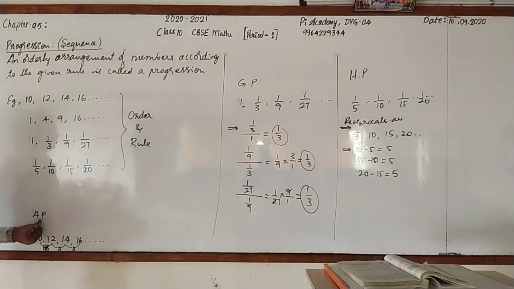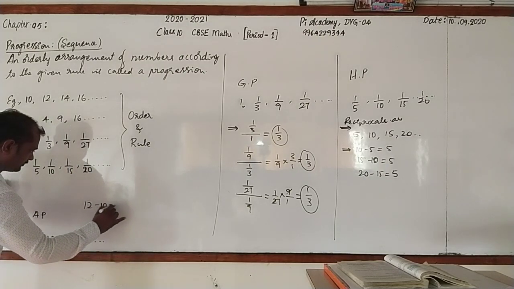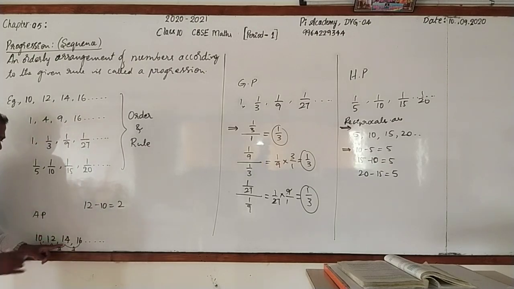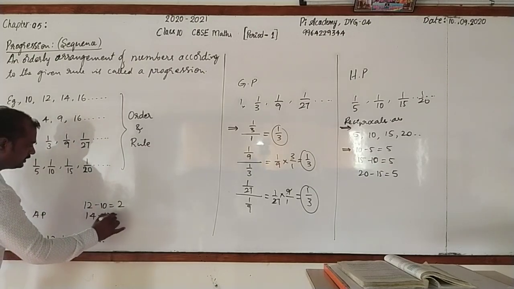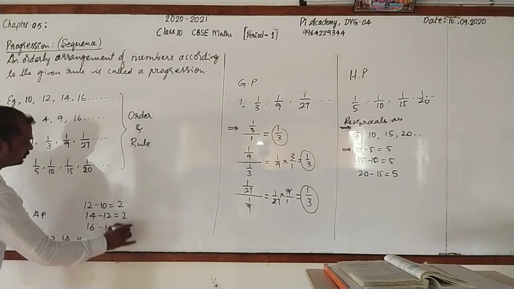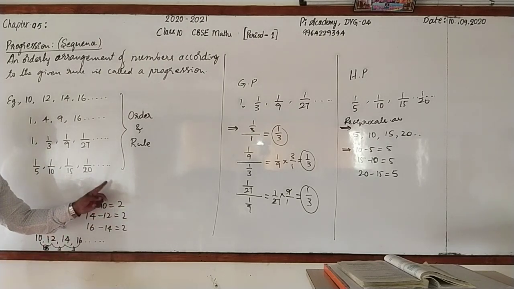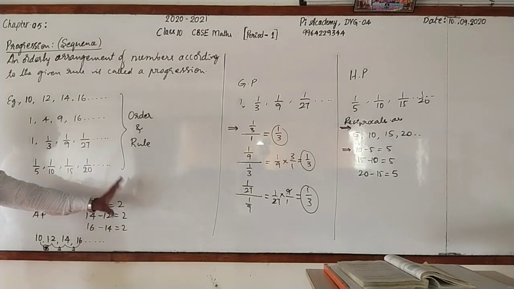AP means arithmetic progression. Its definition: the progression in which the difference between a term and its preceding term is constant. Look here, 12 minus 10 is 2, 14 minus 12 is 2, 16 minus 14 is 2. The difference between a term and its preceding term is the same, constant, the same number you will get.